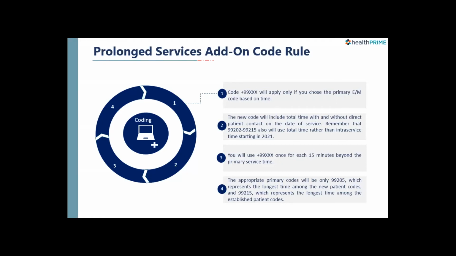The appropriate primary codes will only be 99205 and 99215, which represent the longest time among the new and the established patient codes. So the prolonged service codes cannot be used for the lower visit codes. It can only be attached to 99205 and 99215.